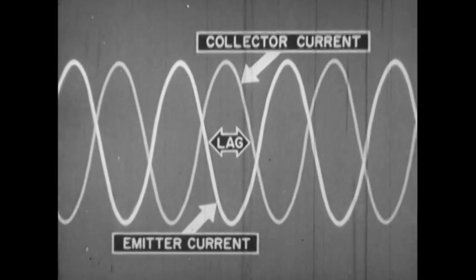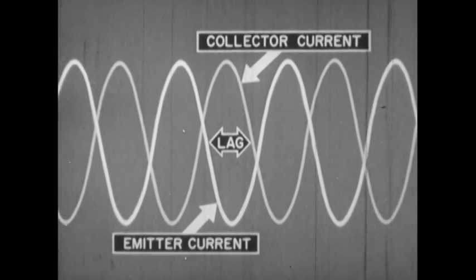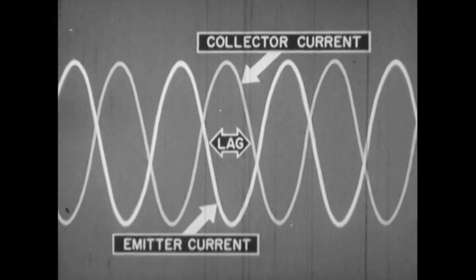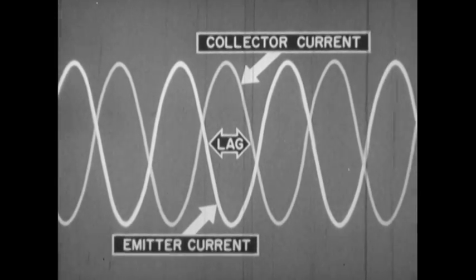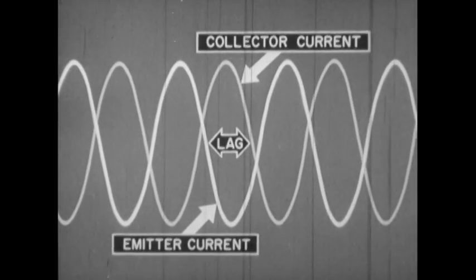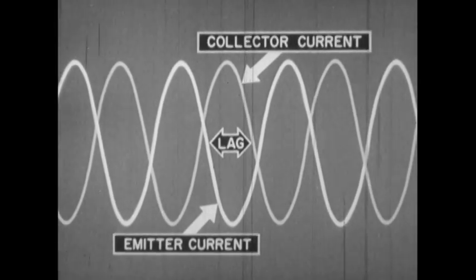This is one effect that transit time has on high frequencies. It's not very serious because we can correct for the effect of the phase lag, if necessary, by suitable circuit design.